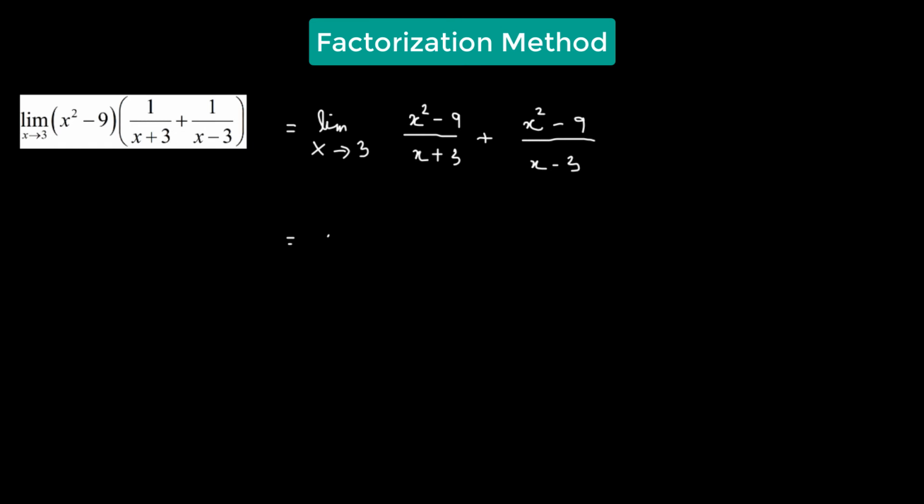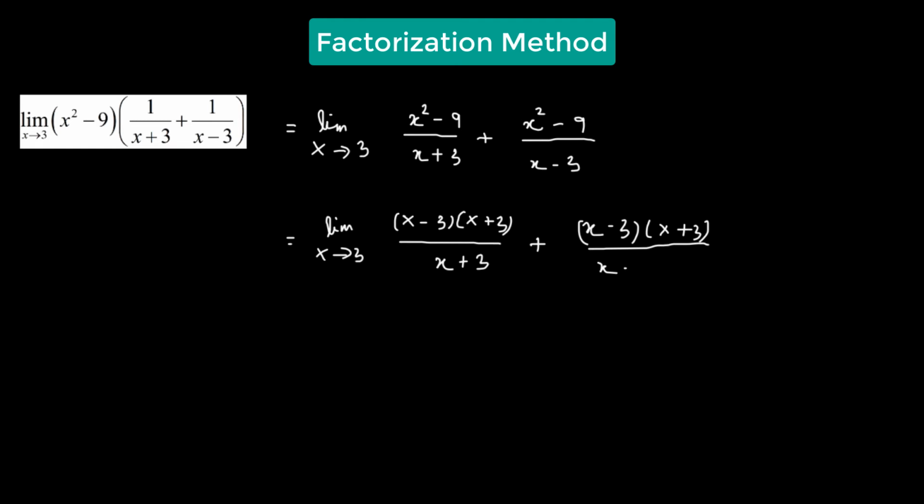So we have limit x going to 3. Now x squared minus 9 can be factorized as x minus 3 times x plus 3 divided by x plus 3, plus x squared minus 9. So for the second rational function we have x minus 3 times x plus 3 divided by x minus 3.